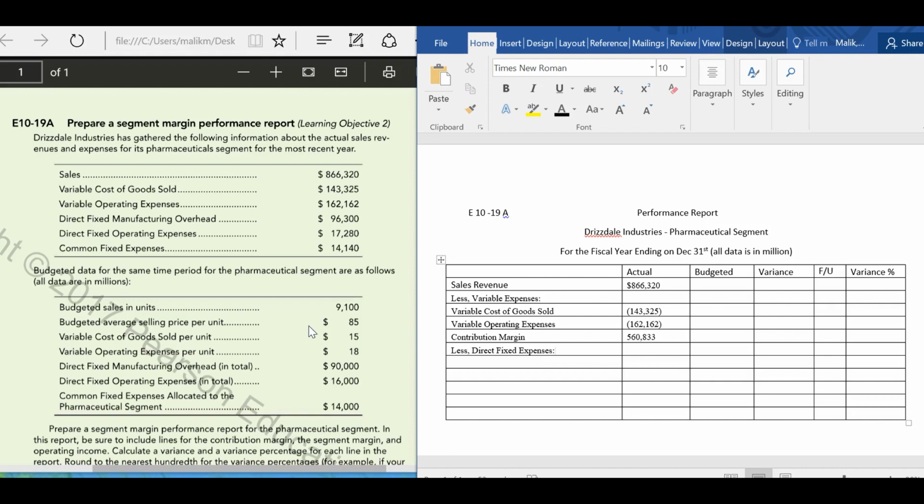And we have two types of direct fixed expense. One is our direct fixed manufacturing overhead, which is given here: 96,300.